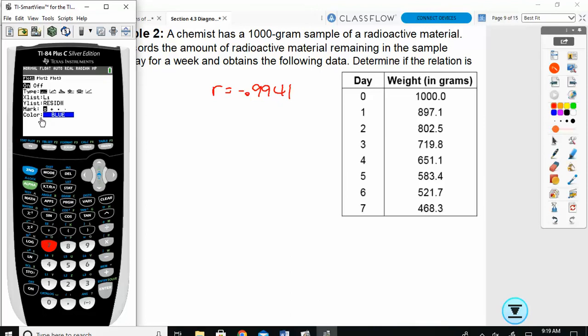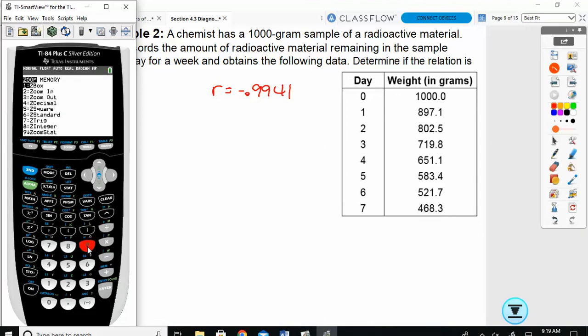So for my Y list, we went second stat, changed it to residuals. Now when you are using this calculator later on, if you just wanted a normal scatter plot, what would you have to do on your Y list? And change it back to L2. So you do need to watch that.